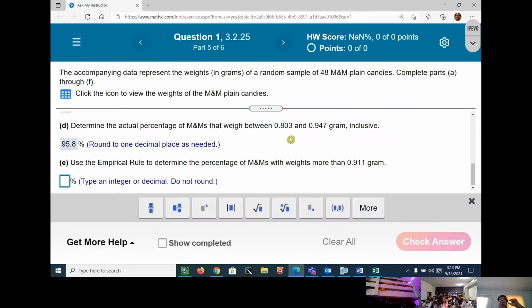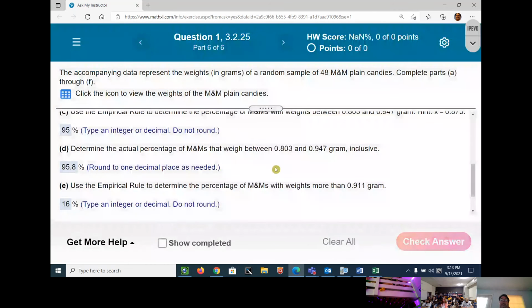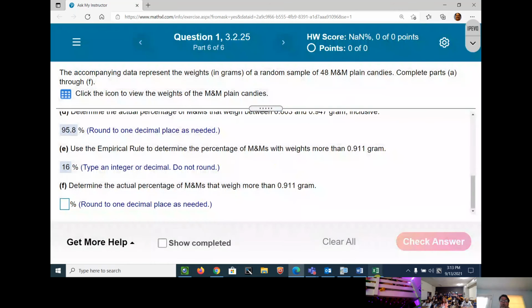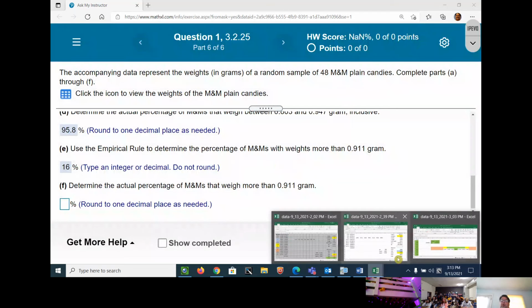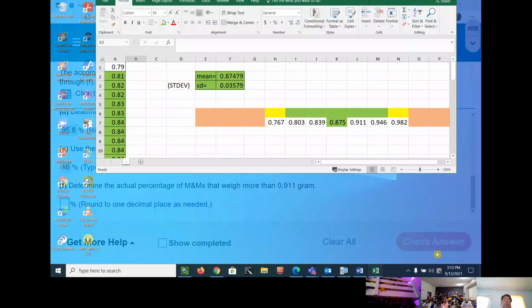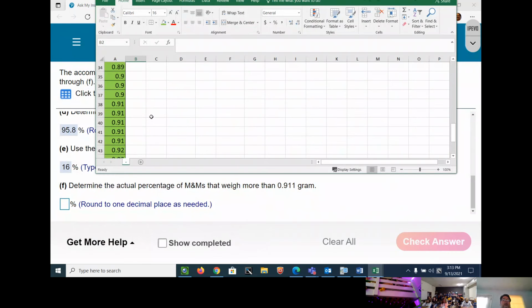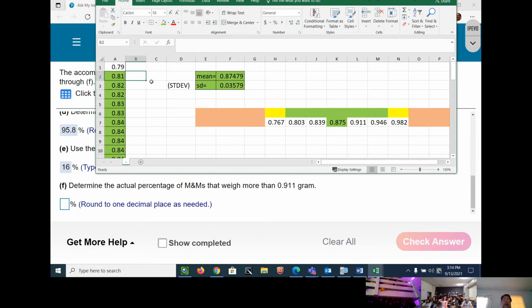Now we got to count. How many actually weigh more than 0.911? 0.911 is right here. Now, did they say more than or equal to, or what did they actually say?